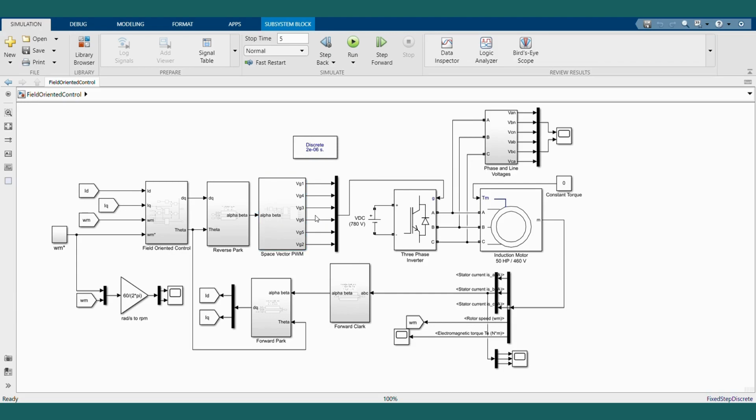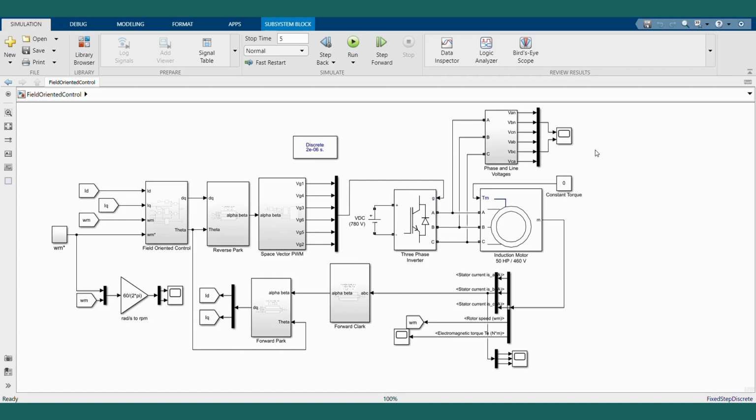And then we connect it to the three-phase inverter and connect it to the motor, and the phase and line voltage here is the control mechanism to adjust the error calculation.